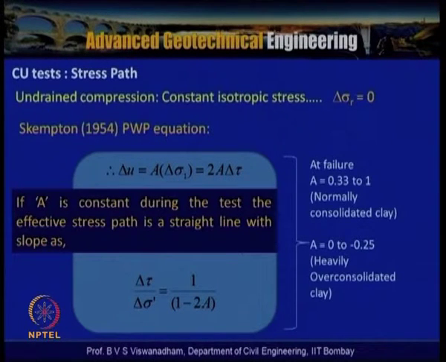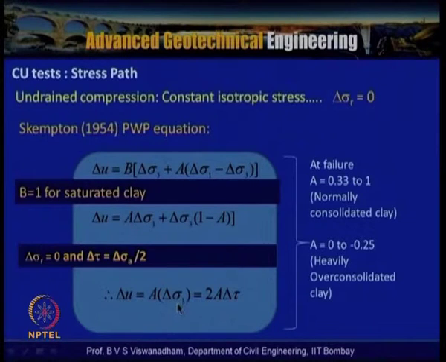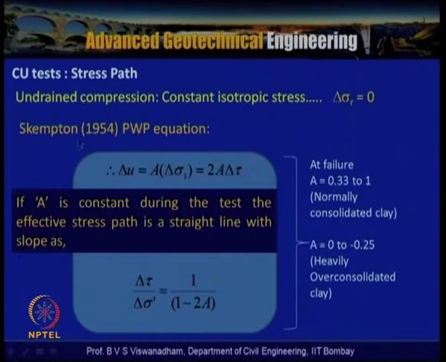If A is constant during the test, the effective stress path is a straight line with the slope delta tau divided by delta sigma dash equal to 1 by 1 minus 2A.